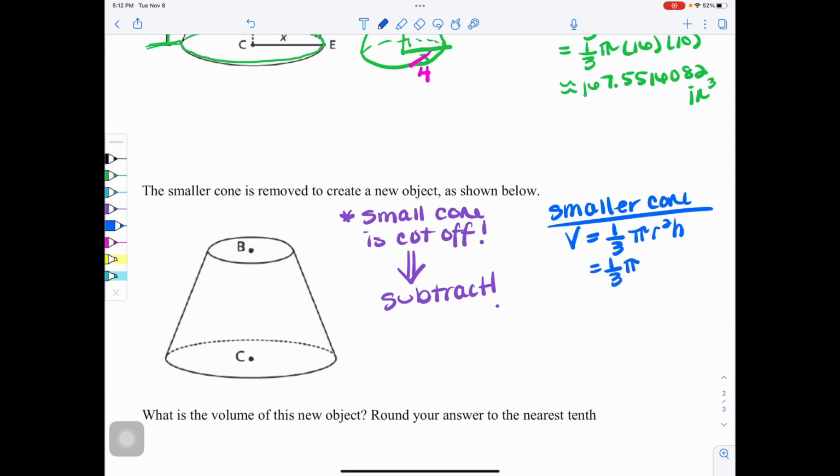Our radius was 2, and our height was 5. So that's 1/3 pi times 4 times 5. So if we do that on the calculator, that's approximately 20.94395102. And again, we're talking about volume in inches, so this is inches cubed.